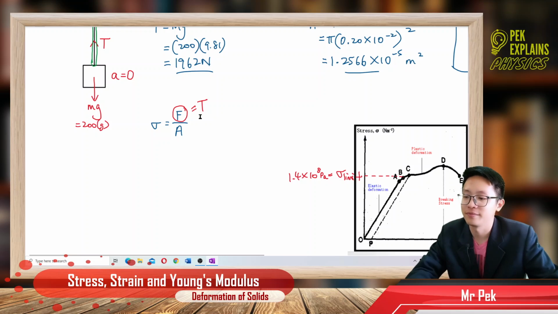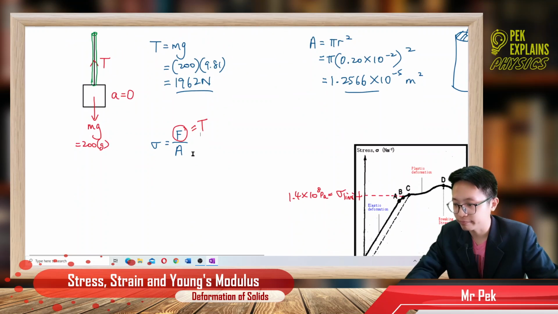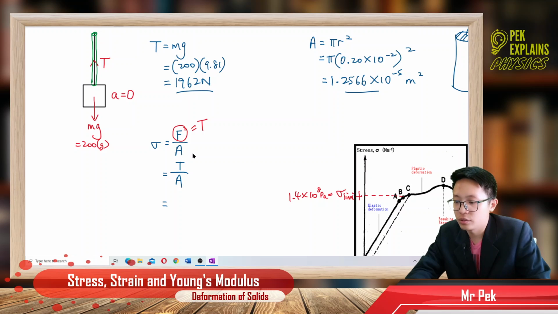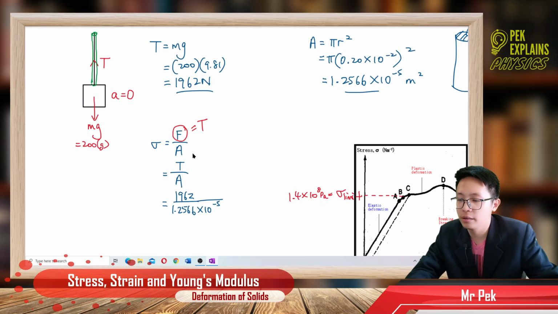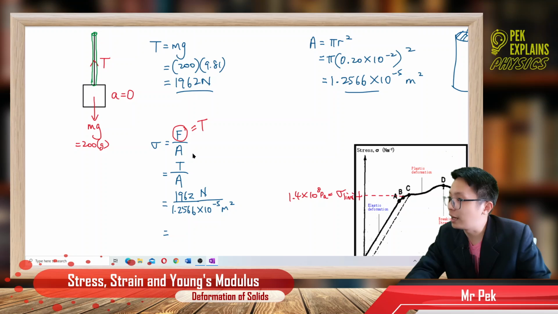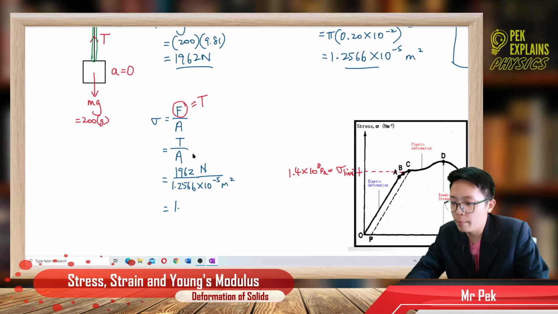So stress is tension over area. 1962 divided by the cross-section area 1.2566 exponent -5. In SI unit, this one is Newton, this one is meter square. The answer I get is 1.56 exponent 8 Newton per meter square, or you can write Pascal.